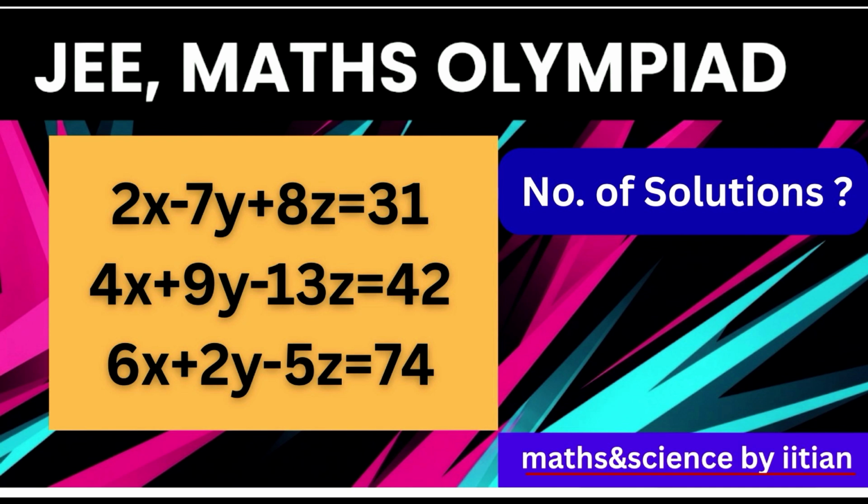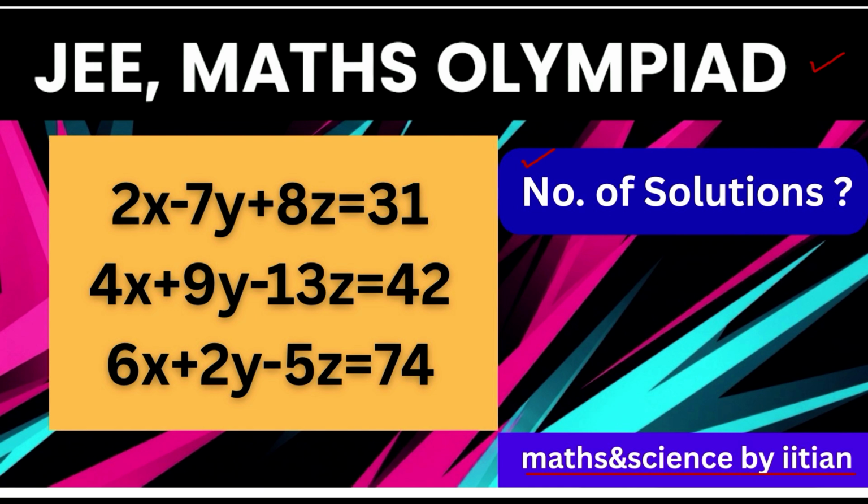In this lecture, in continuation of my lectures on simultaneous equation solutions, I will be doing a numerical on finding the number of solutions in the given set of simultaneous equations.